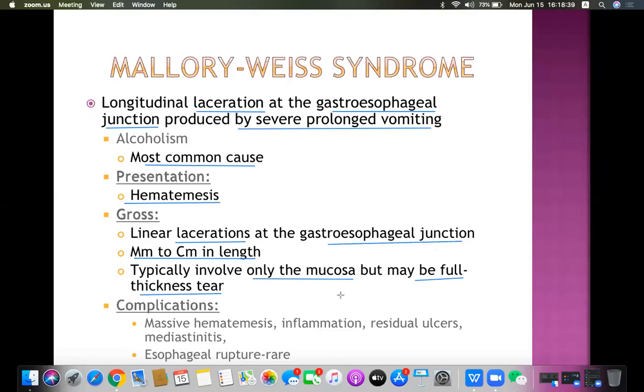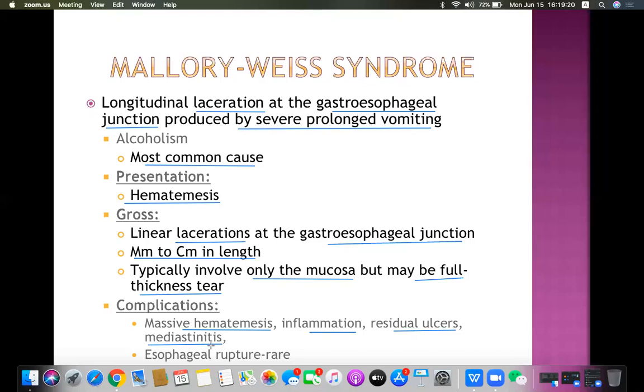What are the complications of Mallory-Weiss syndrome or tear? Sometimes massive hematemesis can occur, and this can result in hemorrhagic or hypovolemic shock. If bleeding is excessive, then the person can have hypovolemic shock. It can result in inflammation. It can result in residual ulceration if it doesn't heal properly, and if it is very severe, then the infection may spread, resulting in mediastinitis.